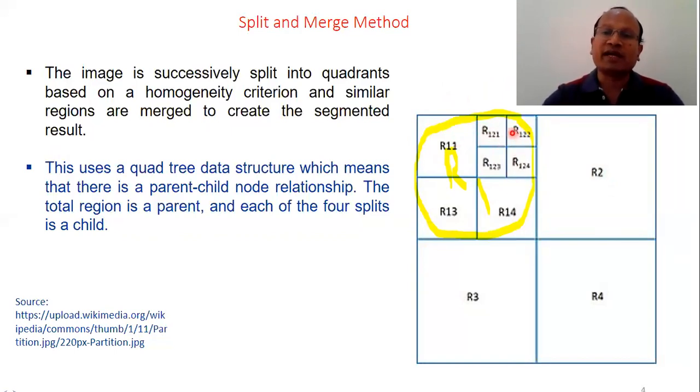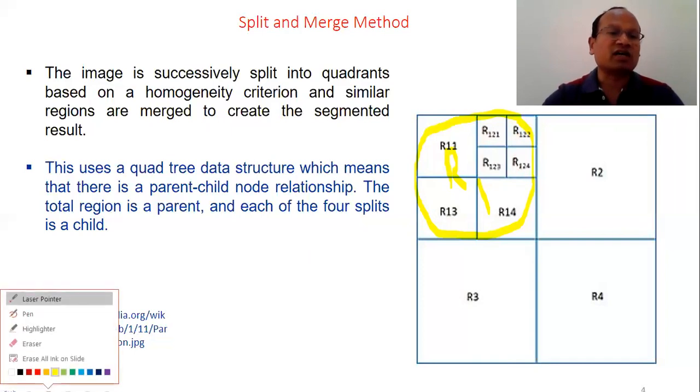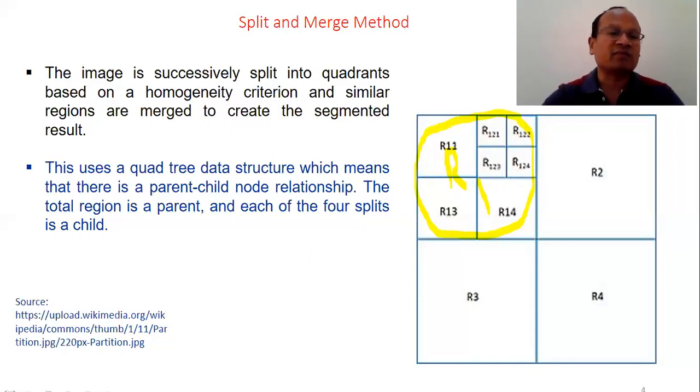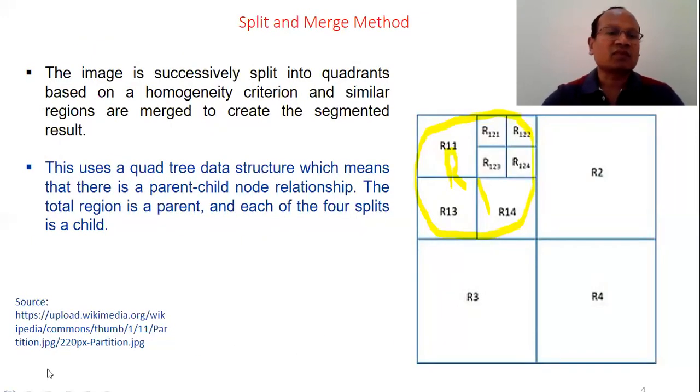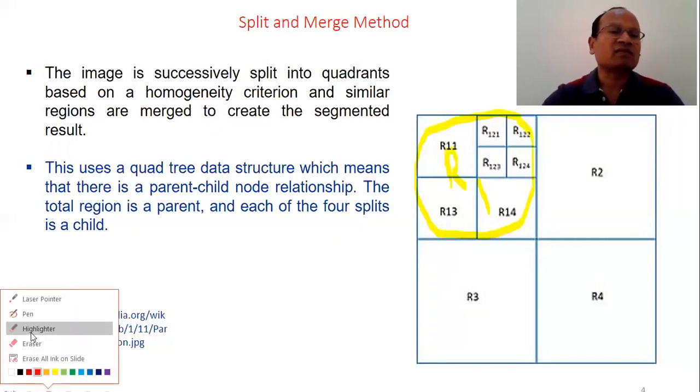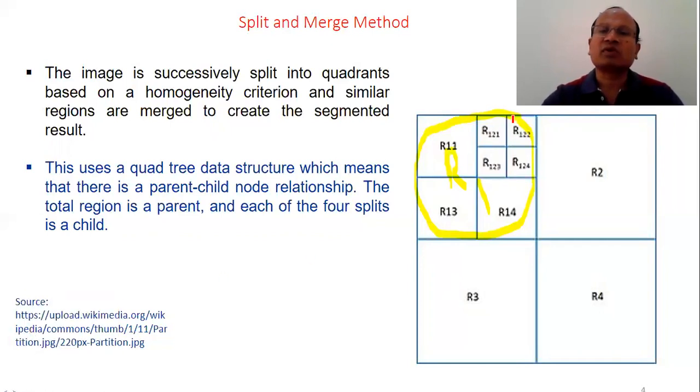And again, look at this area. R12 is divided into R121, R122, R123, R124. So this is how it has been divided into a quad tree structure.